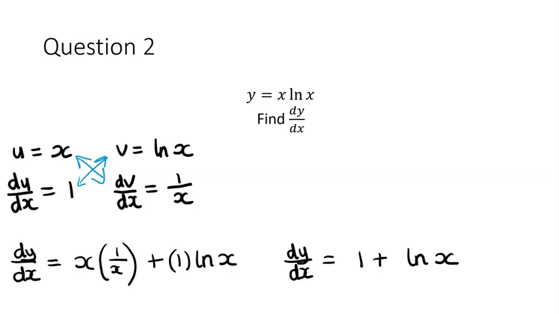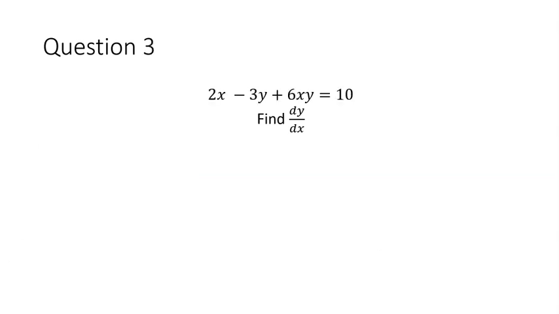Let's look at our final differentiation problem, question 3 here. And we've got this function here made up of x's and y's, and I need to find dy by dx. So in the previous 2 problems, it was y equals some function of x.